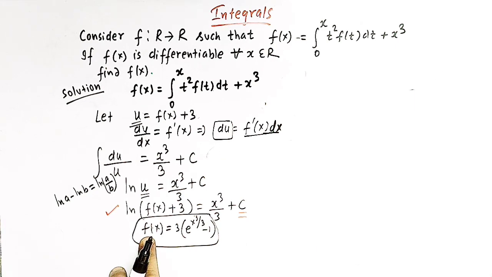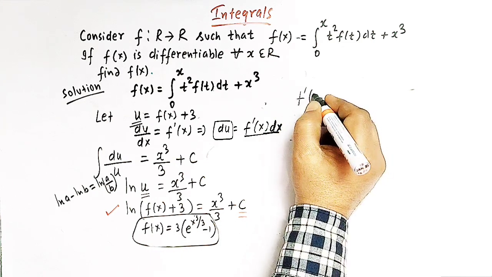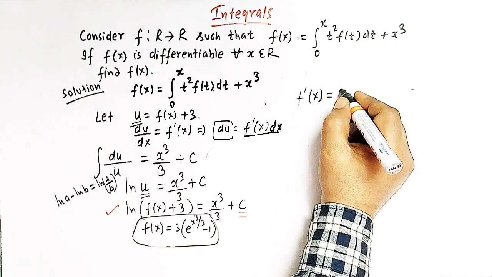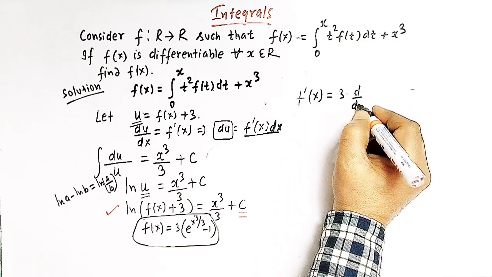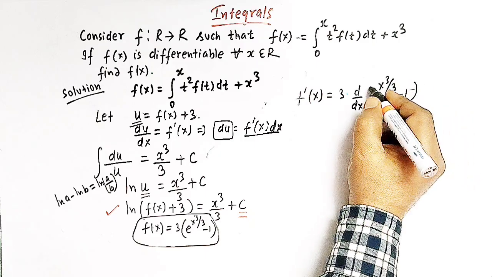So now from this expression, we can also find out the derivative of f of x. So f prime of x is equal to 3 times the derivative of e raised to x cube over 3 minus 1.